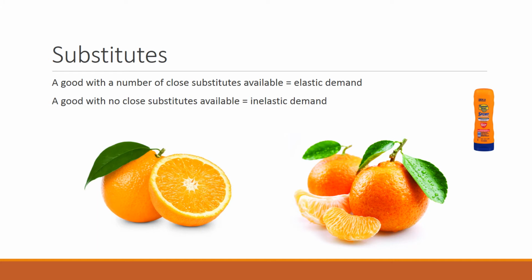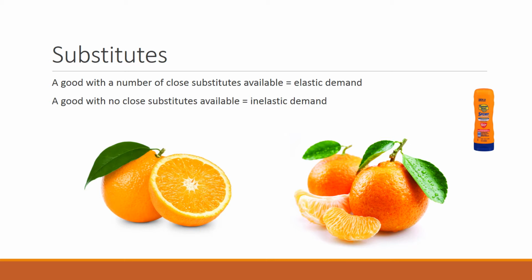All right, so our first reason is going to be about substitutes, whether or not there are close substitutes available for the good. So something that does have a number of close substitutes available, that's going to be an elastic demand. So in this example, we have oranges and tangerines. They satisfy pretty much the same desire. If you like oranges, you probably like tangerines.